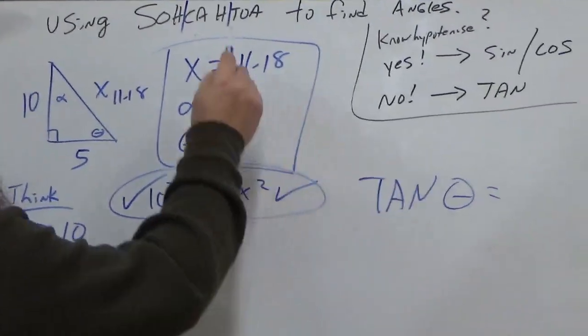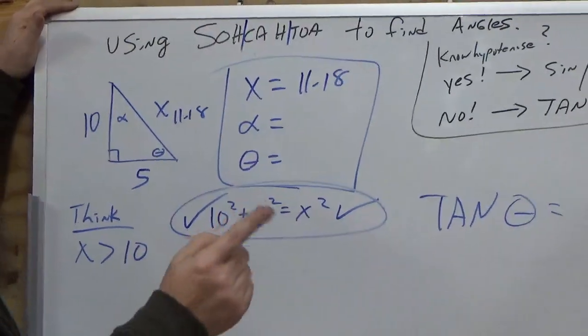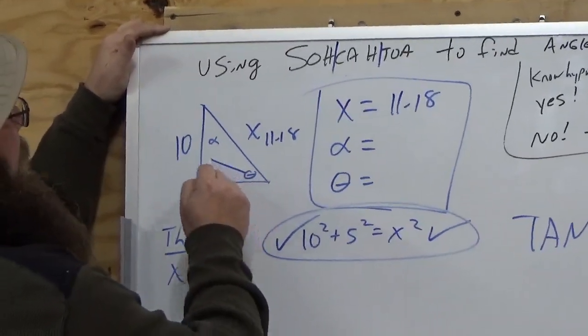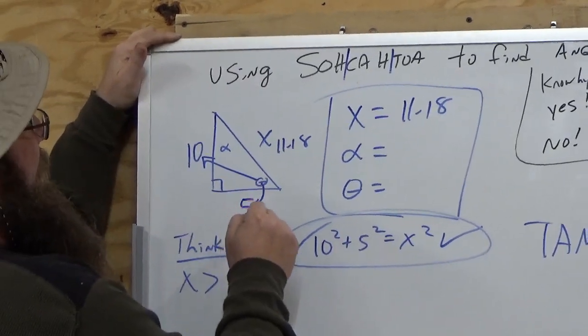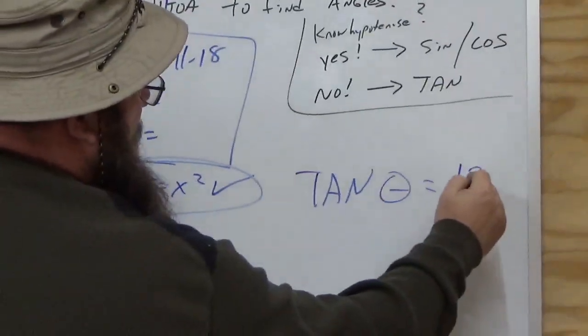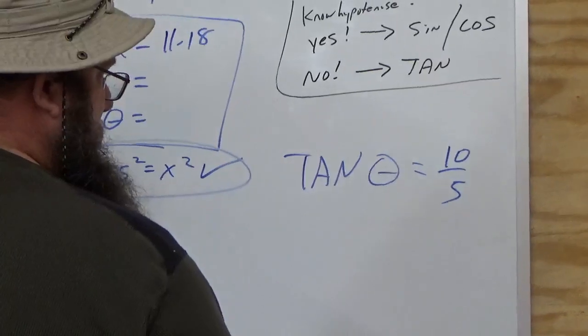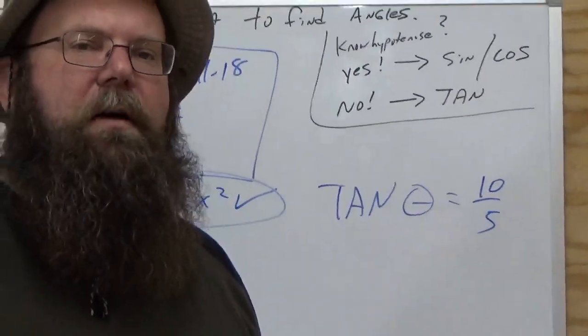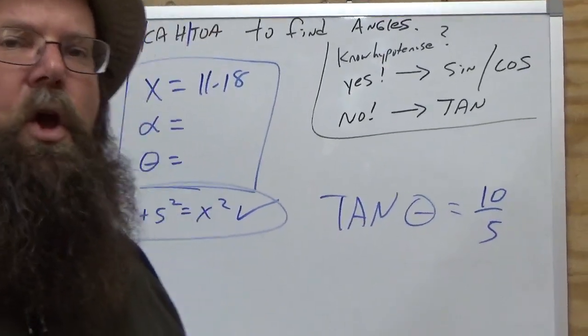Either way, tangent of theta, SOHCAHTOA. Again, SOHCAHTOA. Tangent is opposite over adjacent. What's opposite theta? 10. What's adjacent theta? 5. 10 over 5. Can you figure out 10 over 5 in your head? I hope so. It's 2.